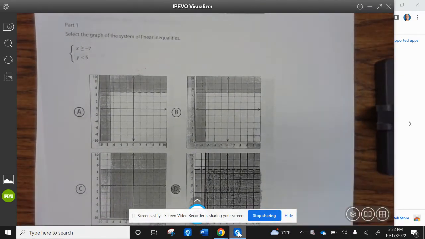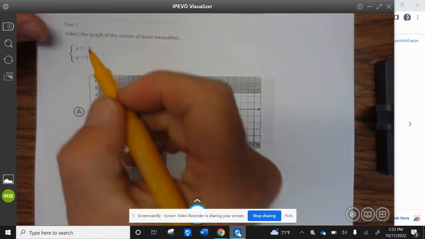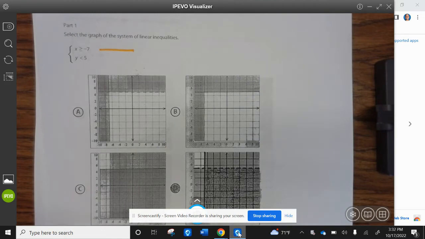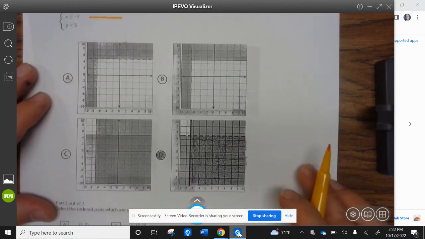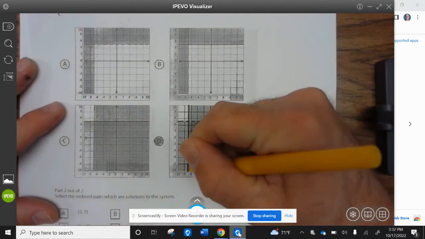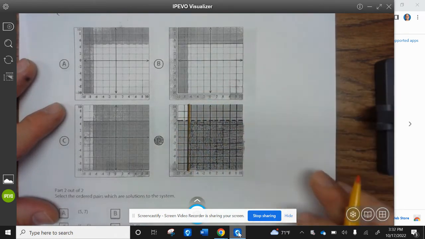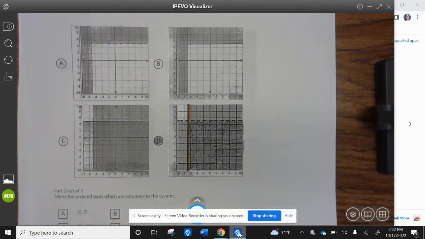All right, now there's a line, so this is going to be a solid line. Okay, now x is greater than negative 7, so that's a vertical line at negative 7. So that's right here. Okay, and it's greater than, so we shade to the right.